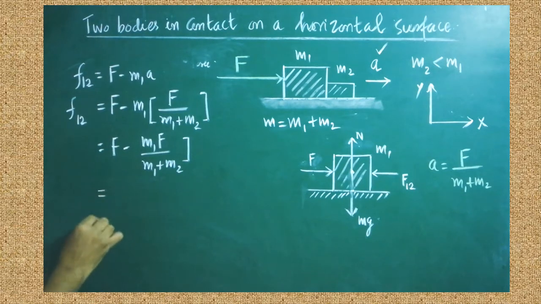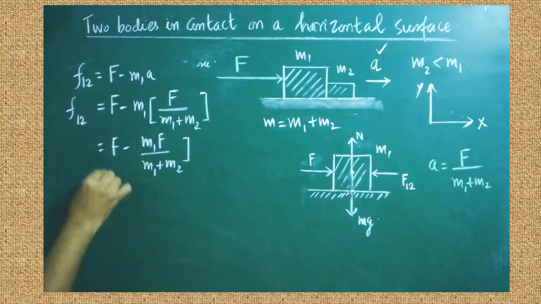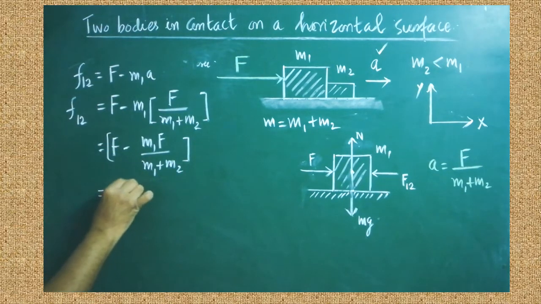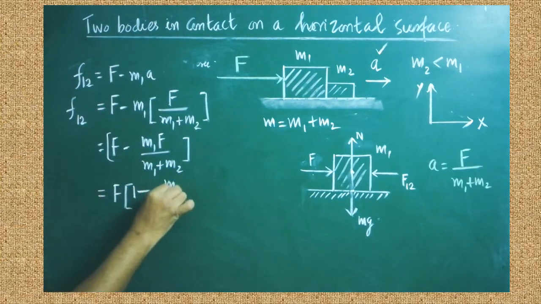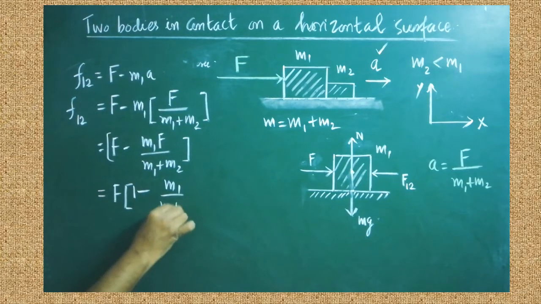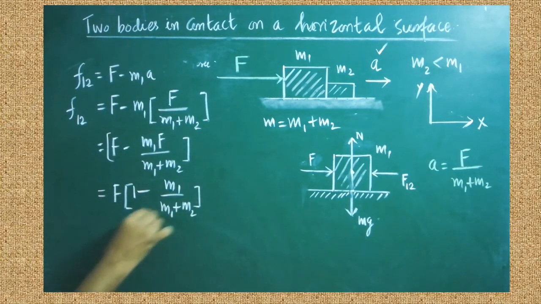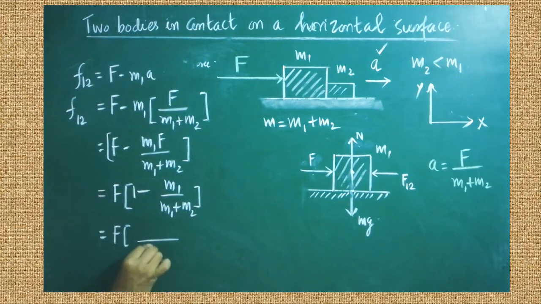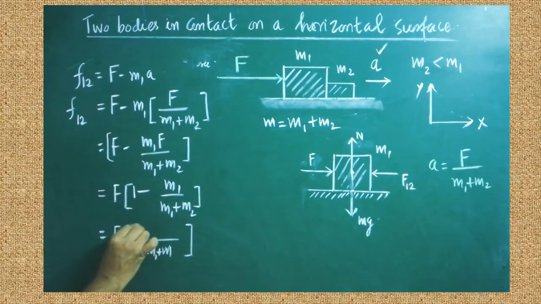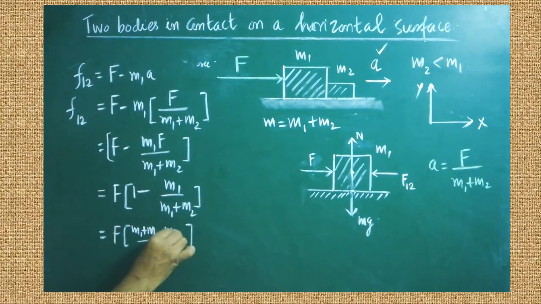So what is the next step? Here F is the common factor. So F can be taken outside, and what is the remaining thing? 1 minus M1 divided by M1 plus M2. With the help of M1 and M2 you can take the LCM. Here M1 plus M2 minus M1 can be written, M1 can be cancelled.